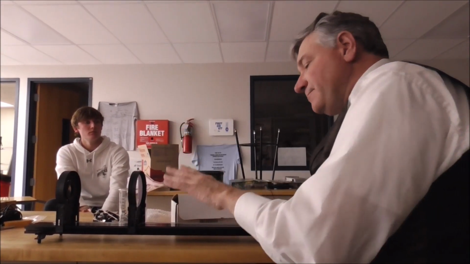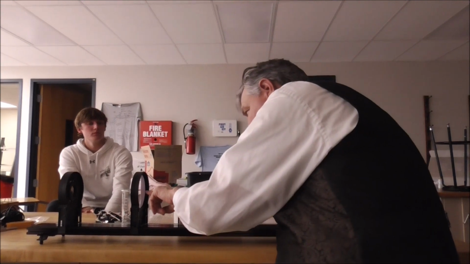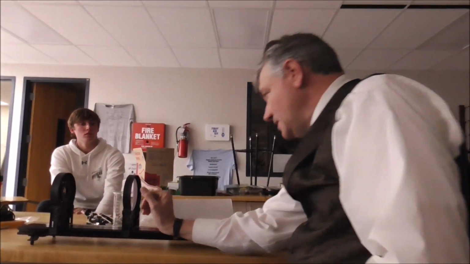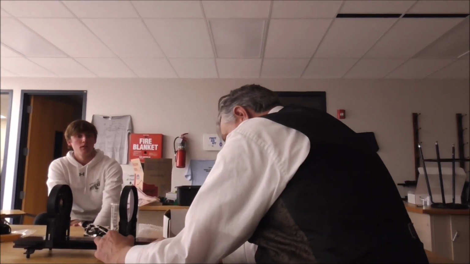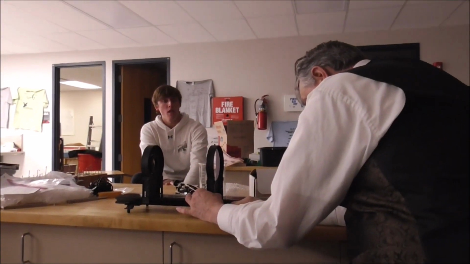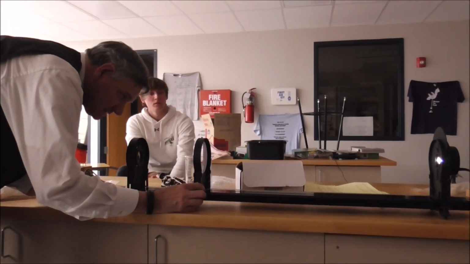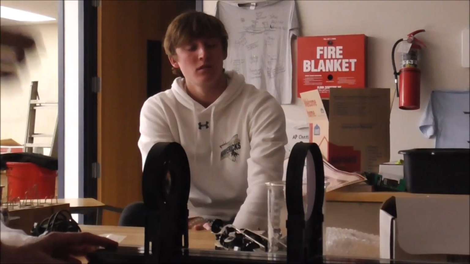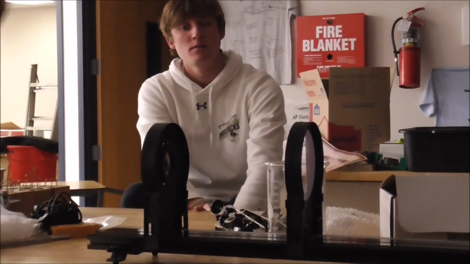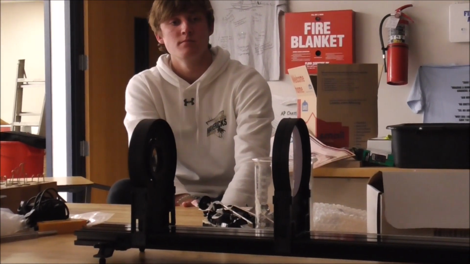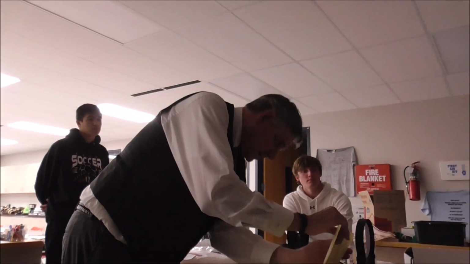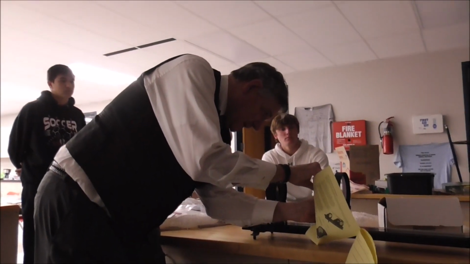Now, the tricky part is measuring the image height, because you've got to try and measure the image of that 4 when it's in focus. So take that out past, bring it back so it's in focus, and then adjust that so that you get the clearest possible 4 that you can. Now, the tricky part is measuring the height of that 4. What some people will do is take a little piece of paper, hold it up like this, and then make a mark.